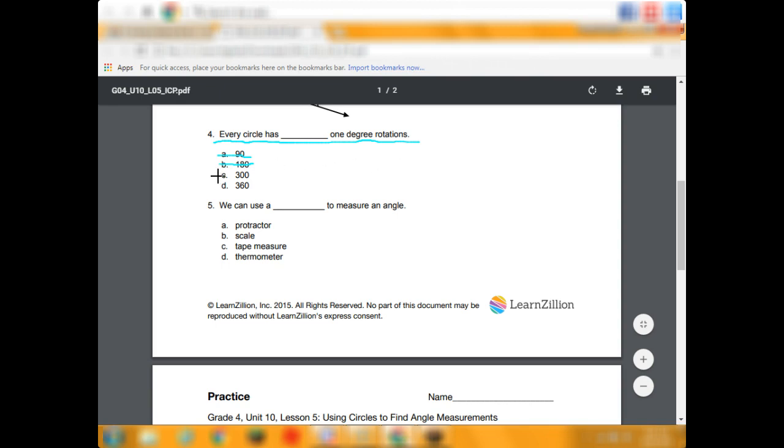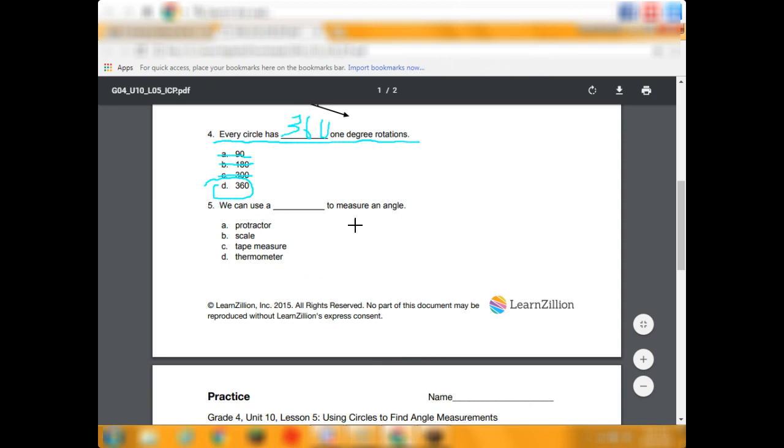And I'll explain to you why it's not 300 degrees. Because you have to add 180 and 180 to get 360. And a circle is equal to 360 degrees. So this is the answer. 360 degrees.